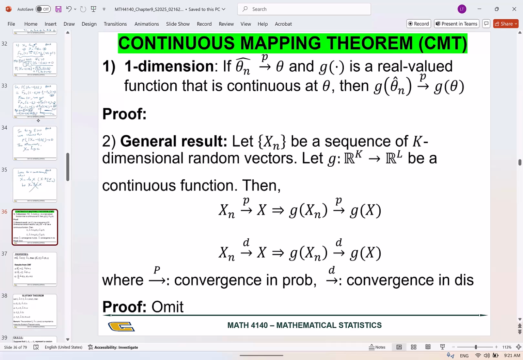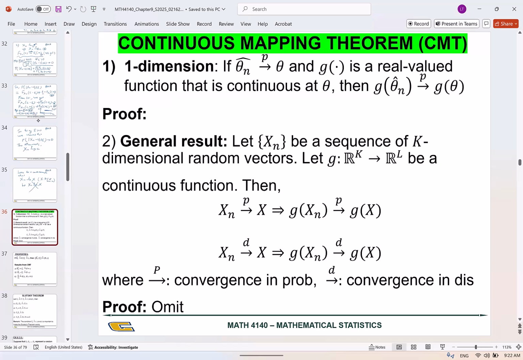Say you have a sample mean X bar, which converges to mu. Now say I look instead at X bar squared. It will converge to mu squared too. Maybe X bar to the 3 or to the 4, or exponential of X bar, also converges in probability to exponential of mu.